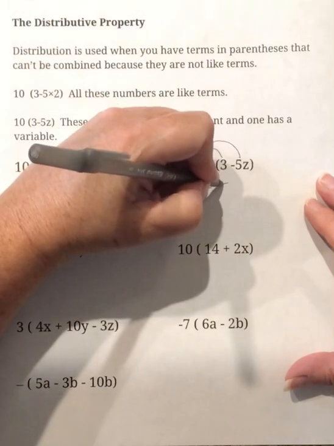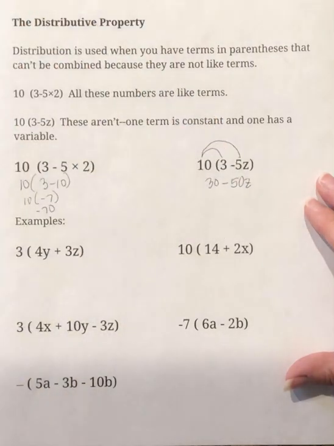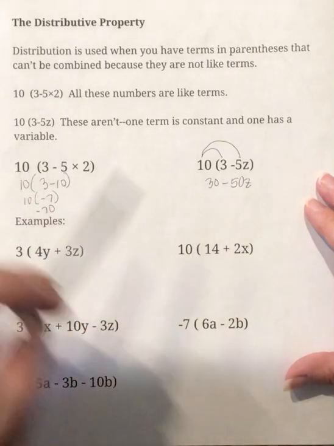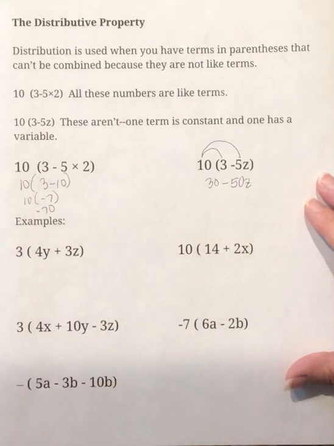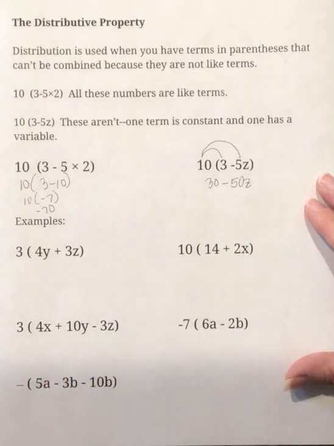That is negative 50, and that term gets the z. Now, here I could keep simplifying because, again, everything was like terms. Here, I cannot. I can't do anything else. I can multiply all I want with unlike terms, but I can't add and subtract. I can't combine unlike terms. So that's as simple as this answer is going to get.